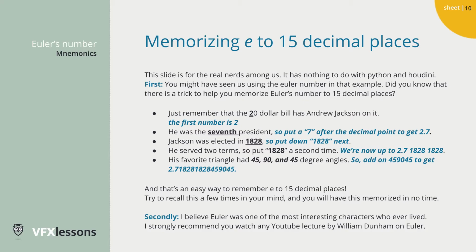And his favorite triangle had a 45, 90, 45 degrees angle. So add a 45, 90, 45 to get 2.7, 1828, 1828, 45, 90, 45. And that's an easy way to remember Euler's number to 15 decimal places. Try to recall this story a few times in your mind and you will have this memorized in no time.